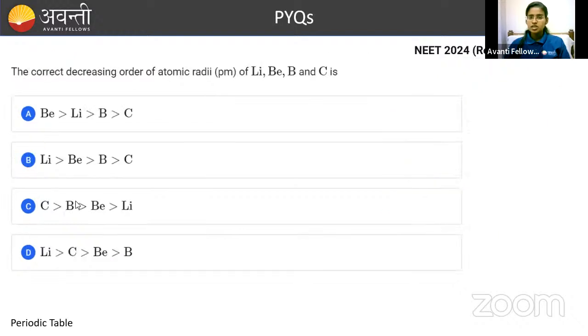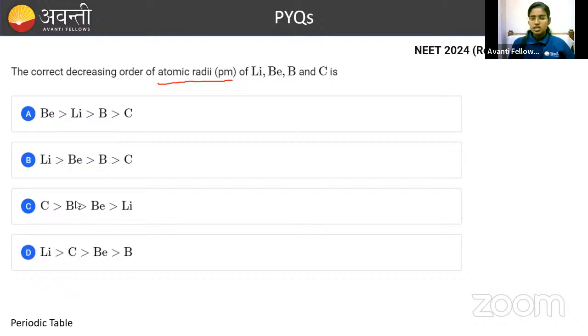The next question is: the correct decreasing order of atomic radii of lithium, beryllium, boron, and carbon is. The correct decreasing order of atomic radius. Atomic radius is again a physical property, the first physical property, right?